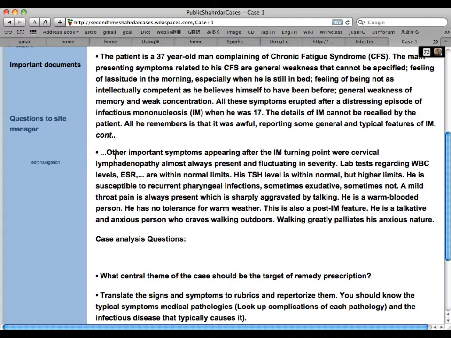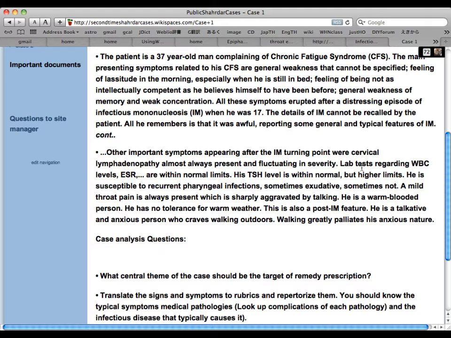Okay, continue reading. Other important symptoms appear after the infection, IM turning point. Okay, after IM changed his level of strength. And these symptoms were cervical lymphedema, okay, swelling of the lymph nodes in the neck, almost always present and fluctuating in severity, so they weren't always the same.